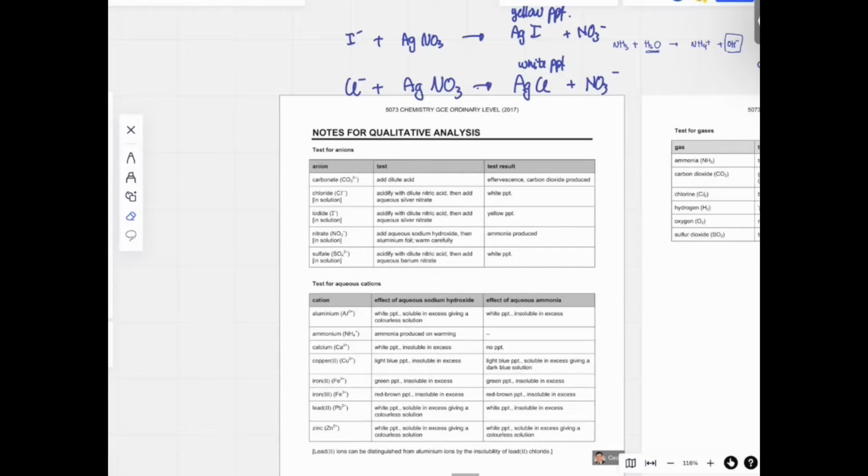Okay, that's for hydroxide. Hydroxide is the litmus paper. It turns from red to blue. Carbonate: you add any acid and it bubbles with carbon dioxide.